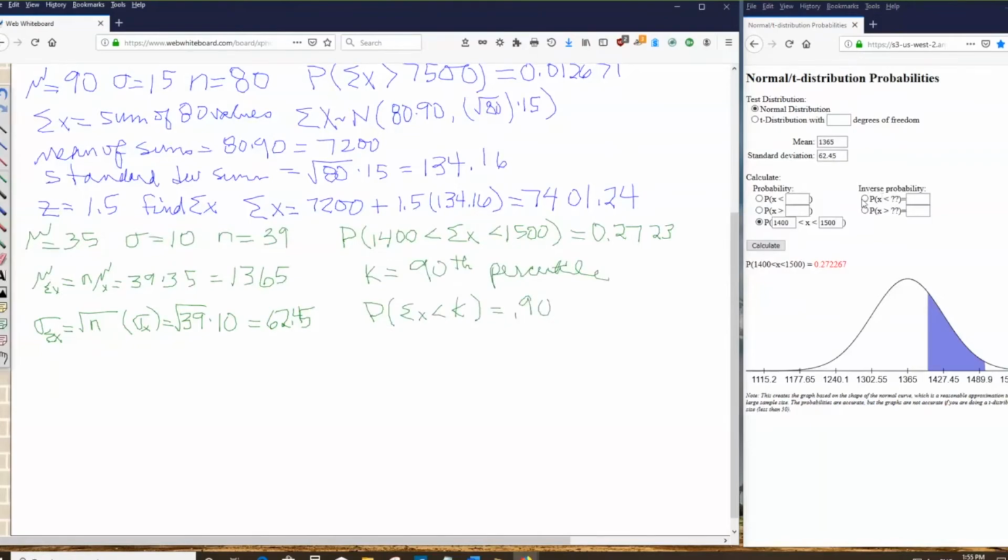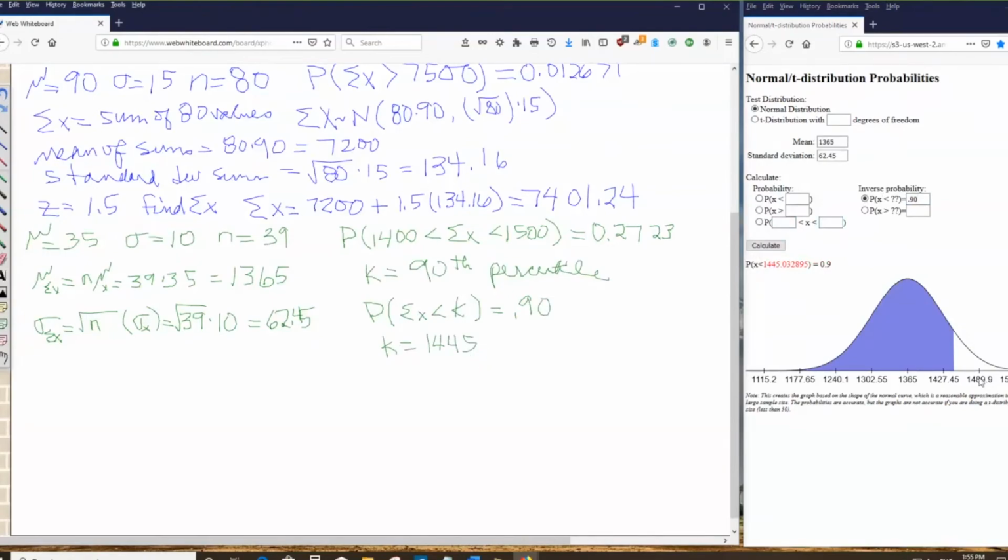So now I'm going to just plug that in over here on the inverse probability. Go ahead and clear these guys. And then once again, that number in red is going to be my k value. So my k is going to equal about 145.